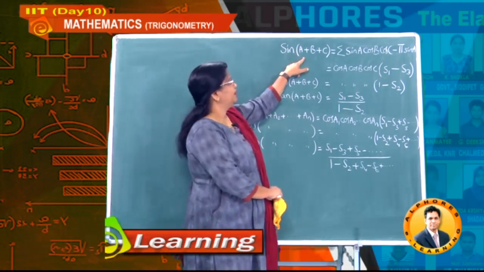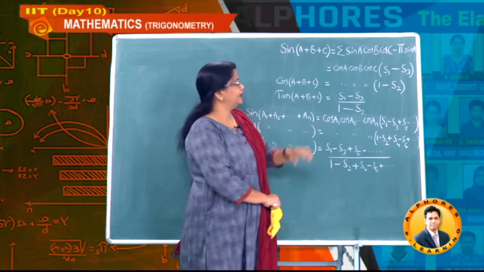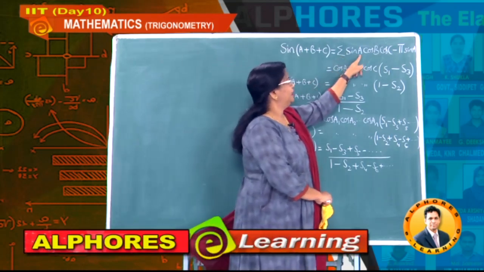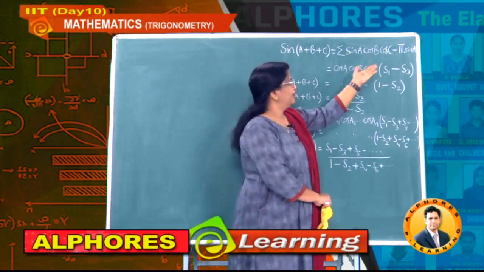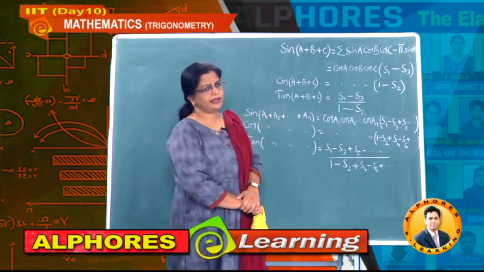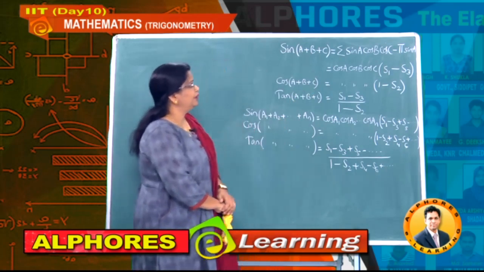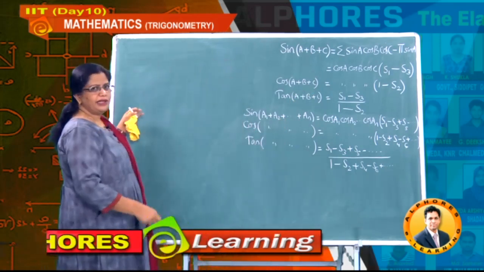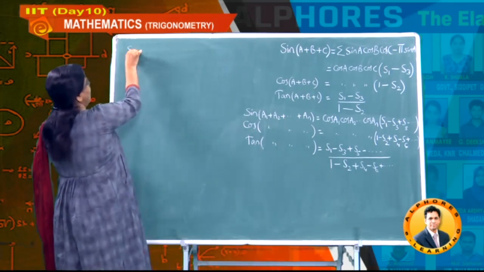So, this is the formula we have observed last session: sin of a plus b plus c equal to sigma sin a cos b cos c minus sin a sin b sin c. Now, suppose I take cos a cos b cos c common, what do you get for sin of a plus b plus c?